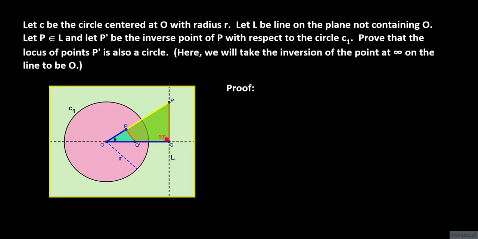Recalling what it means for points to be inverse points with respect to a circle, P and P' are inverses with respect to C sub 1 if the product of OP and OP' is equal to the square of the radius. Q and Q' are also inverses with respect to C sub 1. And so the product of OQ and OQ' is also equal to the square of r. We divide this equation by the product of OP' and OQ'.